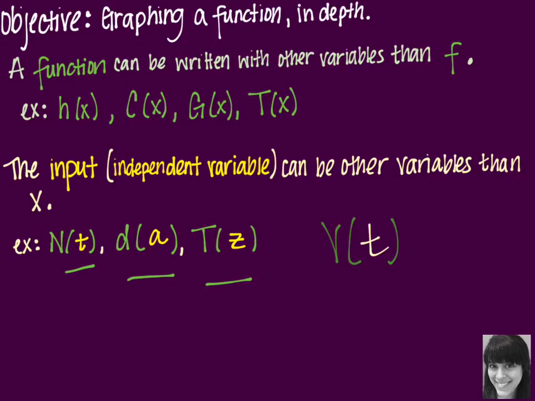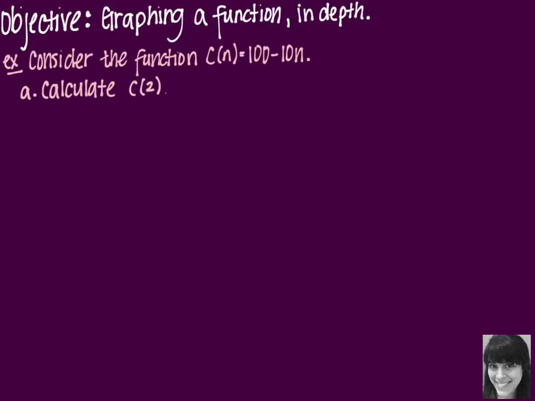So we're going to do an example and it has multiple parts, so you don't have to rewrite the problem every time. All of the next slides are going to say consider the function c of n equals 100 minus 10n. Notice how I'm verbalizing the function. I'm not saying c open parentheses and close parentheses.